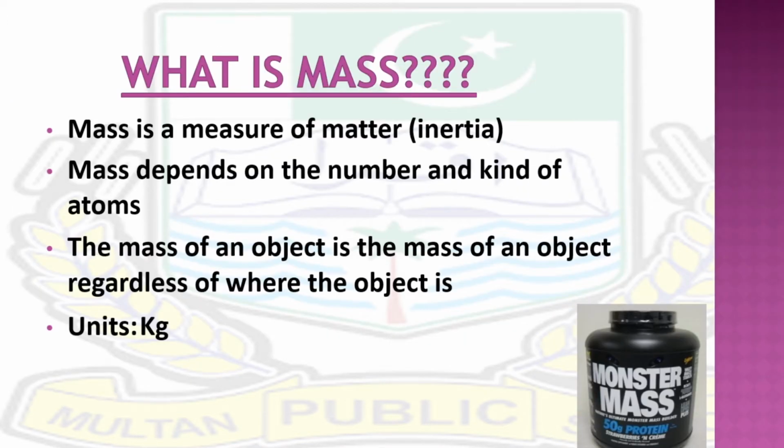So first we have to see what is mass. We use the word mass to talk about how much matter there is in something. Matter is anything you can touch physically. On Earth, we weigh things to figure out how much mass there is.